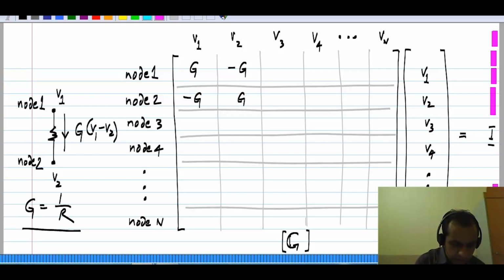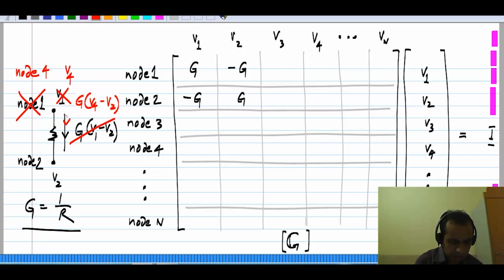Now let me take a different case where this was not node 1, but let's say node 4, and this would not be V1, but it would be V4. And the current, of course, would be G times V4 minus V1 flowing in that direction, downwards. So what would happen in that case? The resistance term would appear in the equations for node 4 over here and node 2 over there.